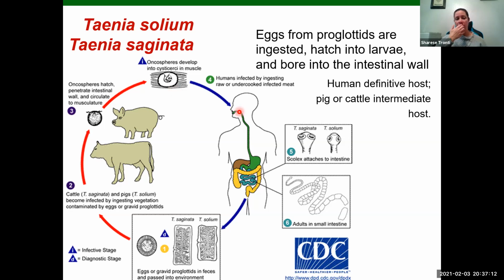So when we eat undercooked pork or beef, we're eating those cysts that haven't been killed. The cysts survive the stomach, and then they reach the intestine of the human, where they turn into the adult stage.